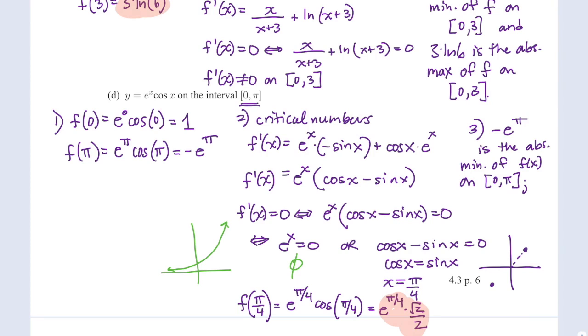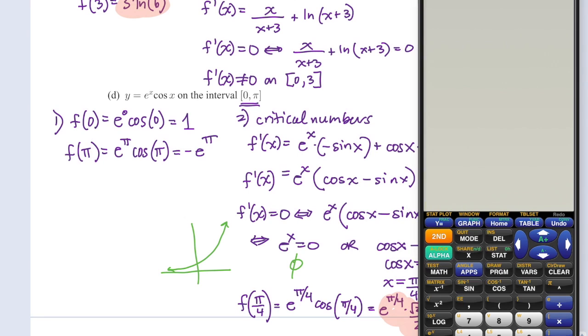And now we just need to know what's the absolute max. Pi over 4 is a little bit less than 1, right? It's like 3/4. So I have something like 2.7 to the 3/4, and then multiplied with square root of 2 over 2. My gut would tell me that that's going to be bigger than 1, but I would expect you to be able to have at least a scientific calculator to compute that value and compare it with 1.